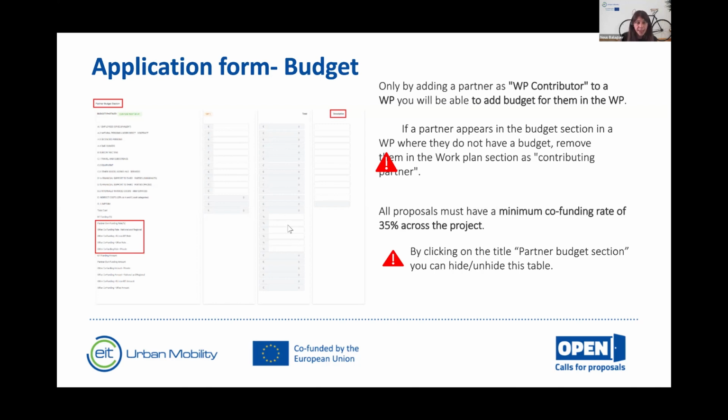And in this case, the program will not give you an error if you assign a lower percentage of co-funding to a partner that perhaps contributes with 20% of co-funding, but another partner compensates this co-funding.